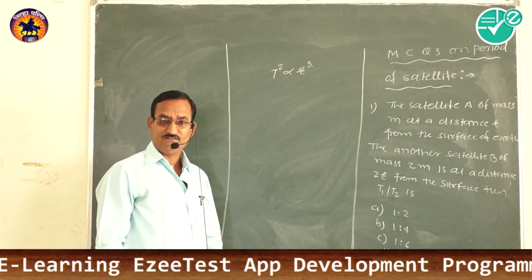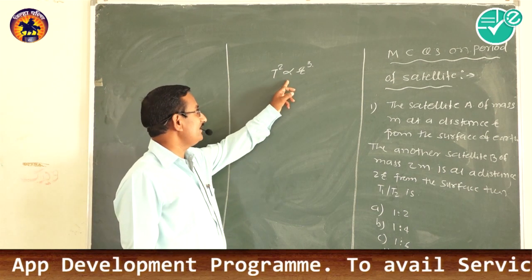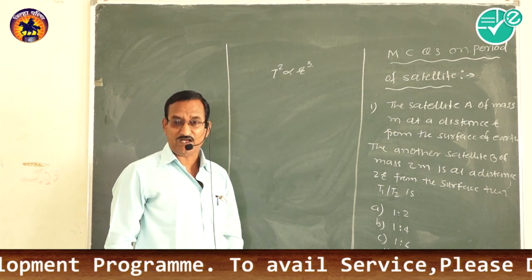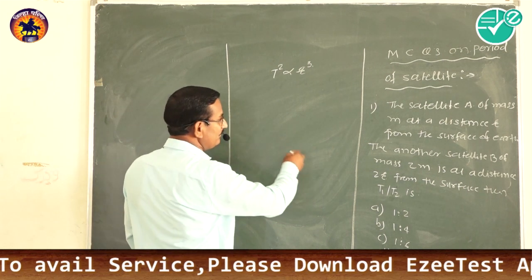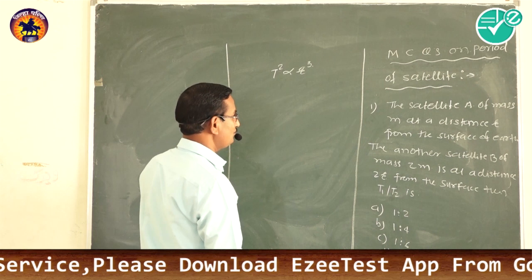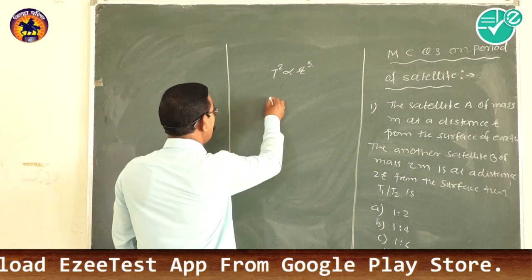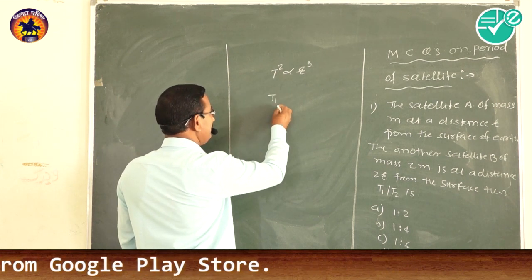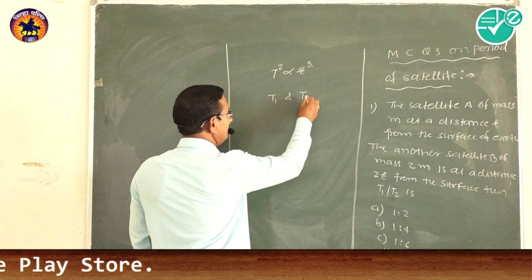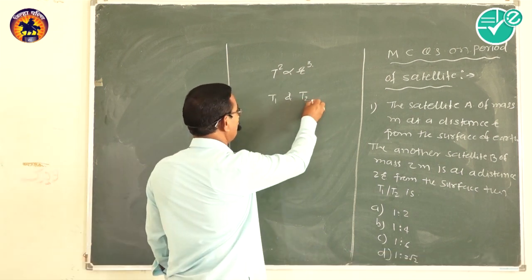From this law, the period of satellite A is T1 and the period of satellite B is T2.